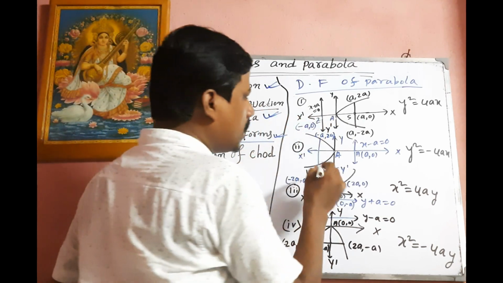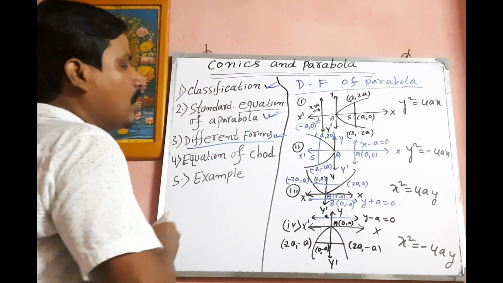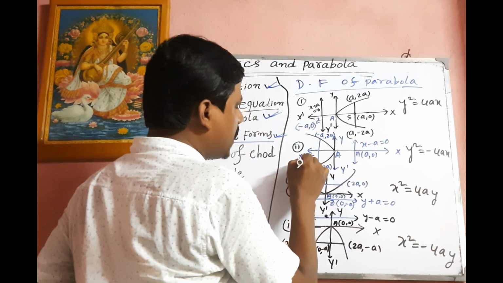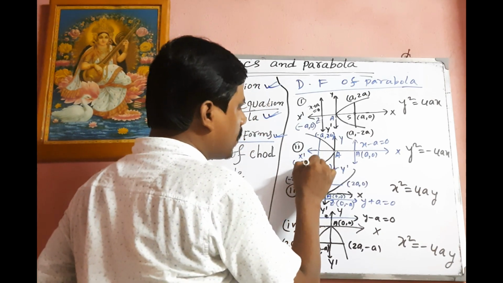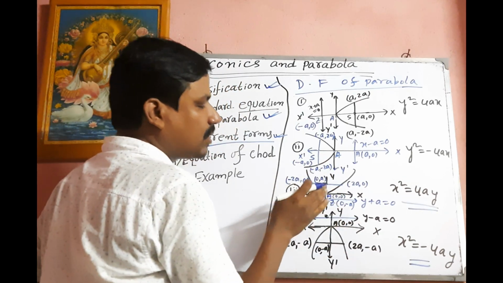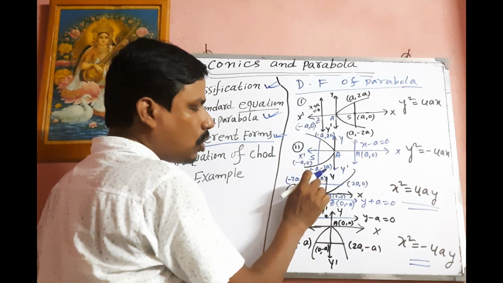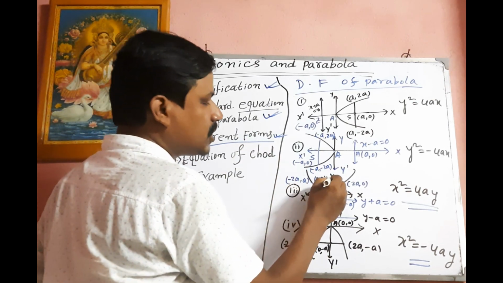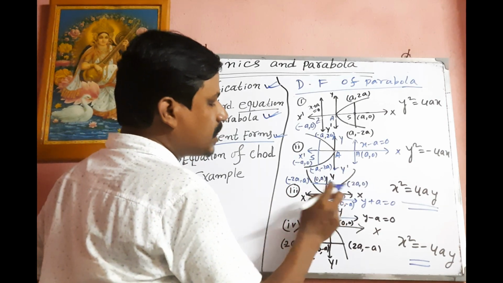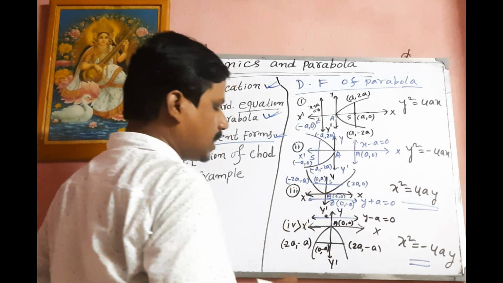Similarly, in the next one, the coordinate of S is minus a comma 0. In the third, the coordinate of S is 0 comma a, A is 0 comma 0, and the coordinate of Z is 0 comma minus a.